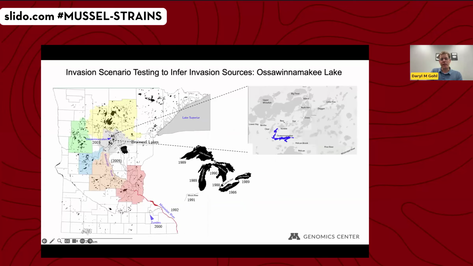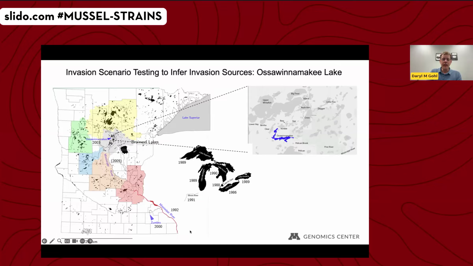So the first inland lake infested in Minnesota was Ossawinamakee in 2003. And at that time, there were a limited number of potential source populations for infesting Ossawinamakee, right? So there were the Great Lakes, which had been infested throughout the 80s and early 90s, and then there was the Mississippi River.